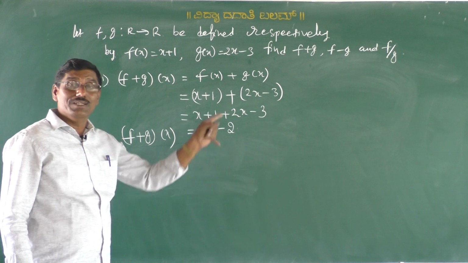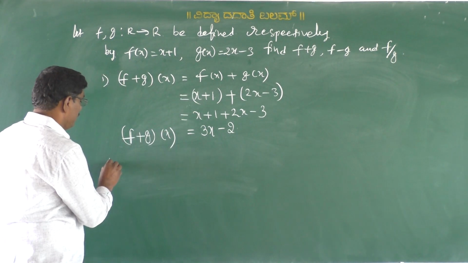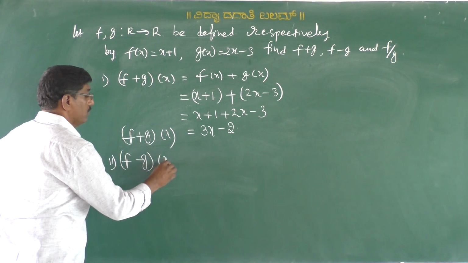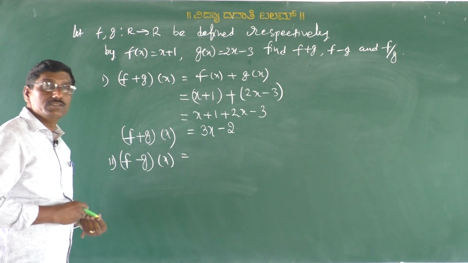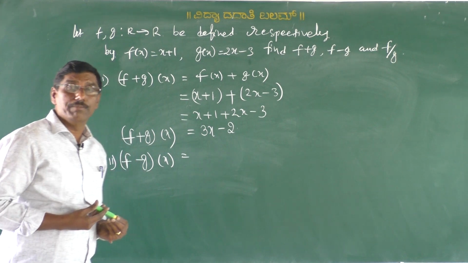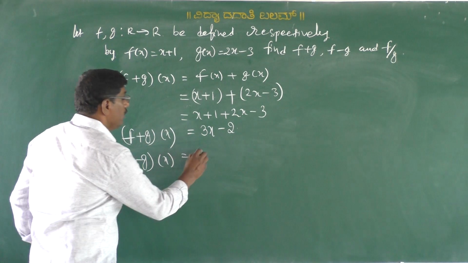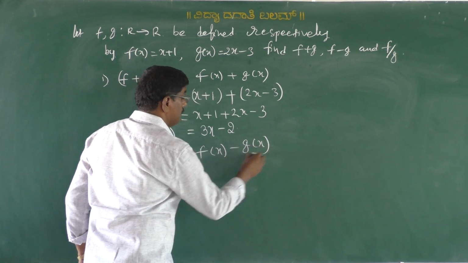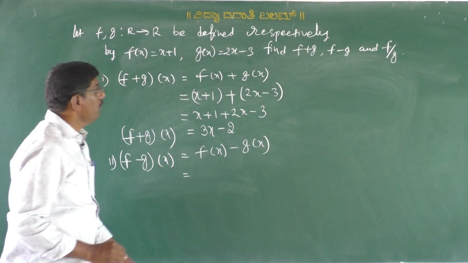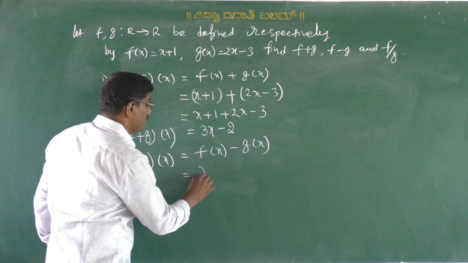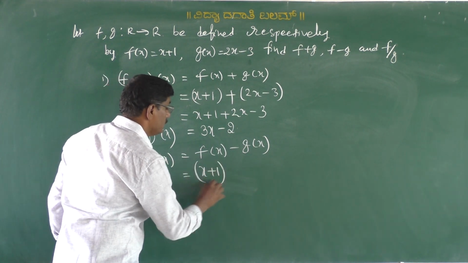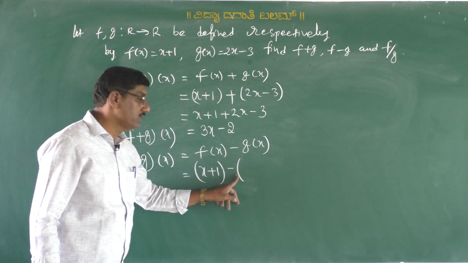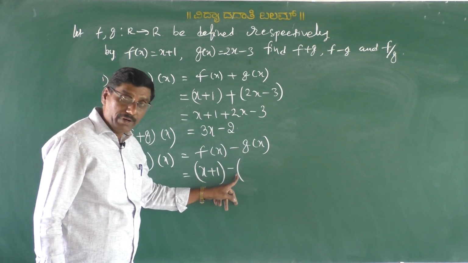Now, the second one is f minus g of x. This can be written as f of x minus g of x. This is equal to x plus 1 minus of 2x minus 3. Since the minus sign is there, compulsorily we have to apply a bracket.